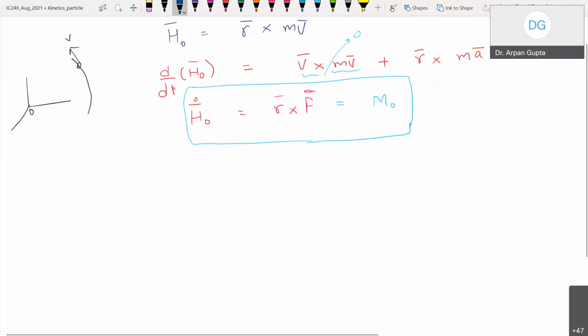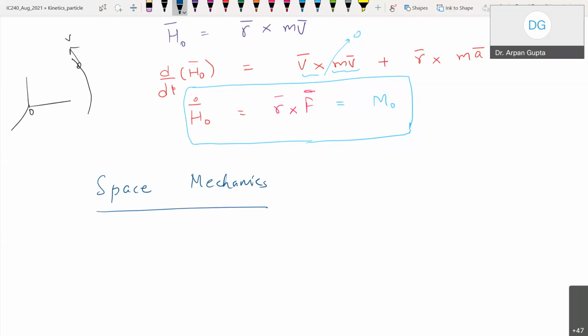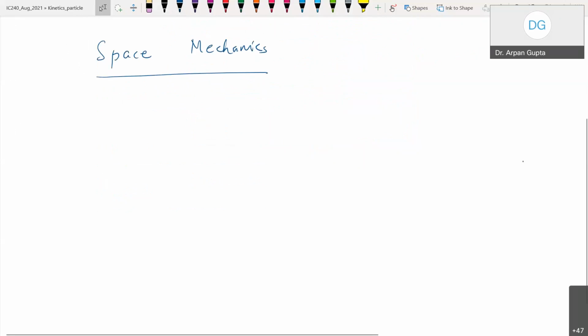Now, let's get straight to the topics of space mechanics. The first important definition in space mechanics is what is called a central force.